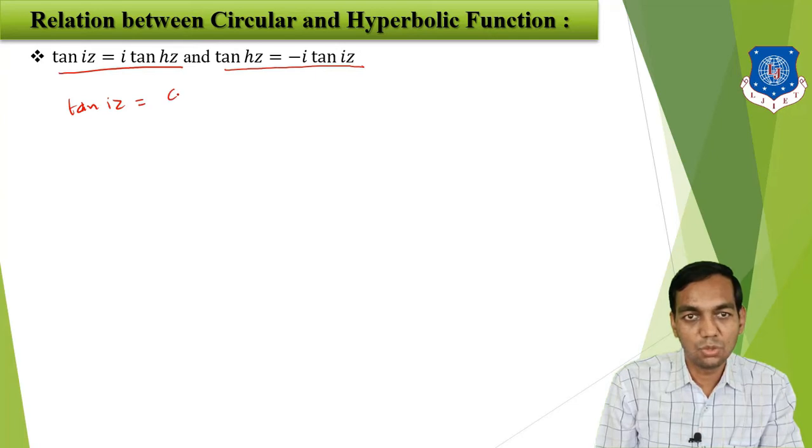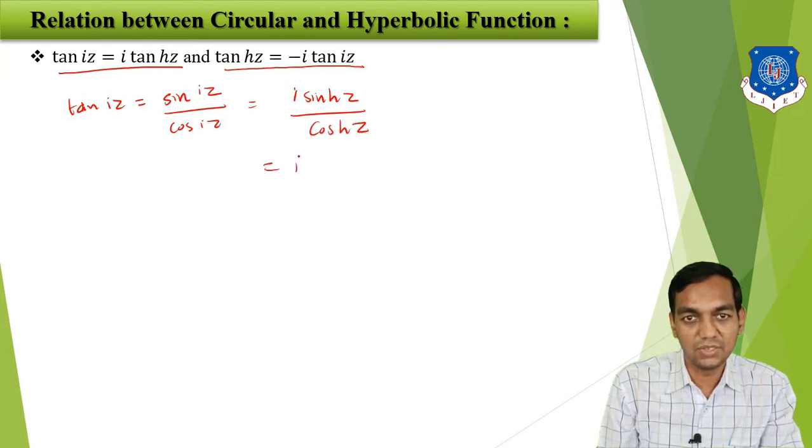is equal to sin iz upon cos iz. And since we have already obtained that sin iz is i sin hyperbolic z and cos iz is cos hyperbolic z, that will directly give you i tan hyperbolic z.